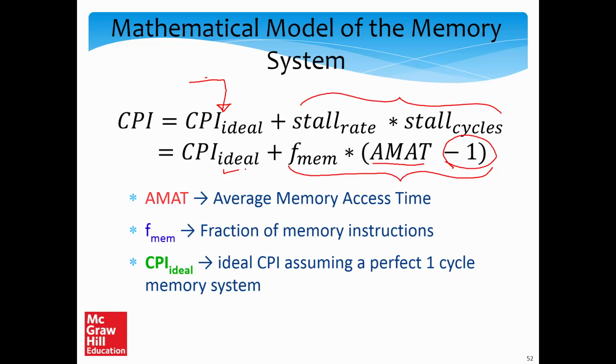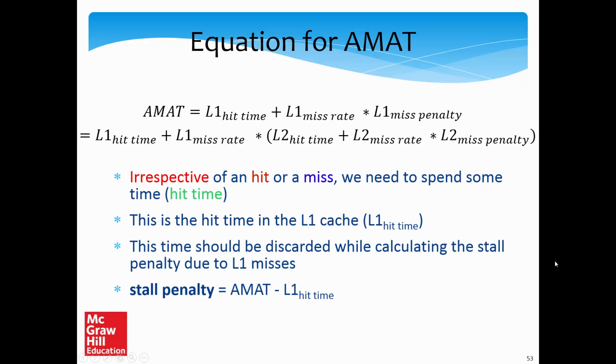Why will the memory access time increase? It will increase if there are more misses in the cache hierarchy. We need to go lower in the memory hierarchy to fetch data. This will increase our overall access time and our CPI, consequently making the processor run slower. Now let's try to compute the average memory access time.